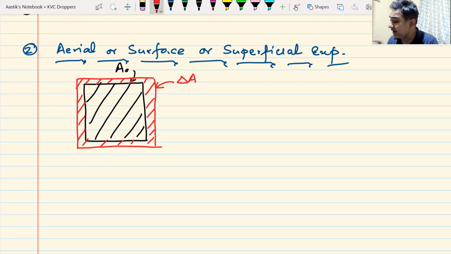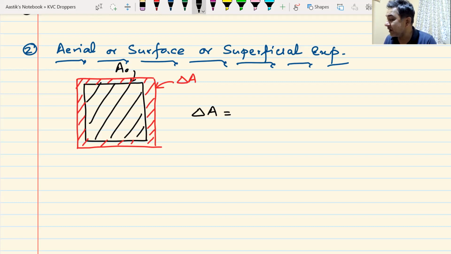Now, I can write the formula for this, and I will not repeat whatever I have said. What will be the formula for change in delta A look like? It is similar to what we have seen already. I'll give you a minute.